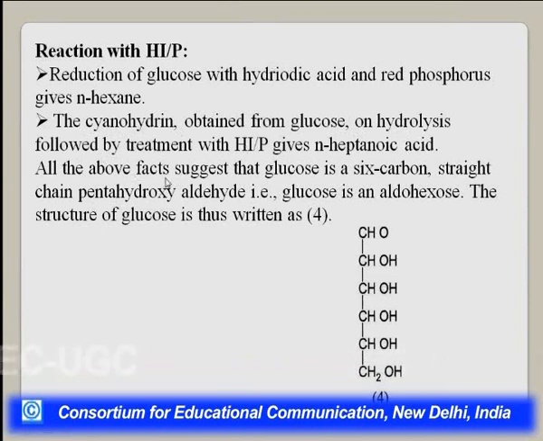All the above facts suggest that glucose is a 6-carbon atom, straight chain pentahydroxyaldehyde, that is, glucose is an aldohexose. And you can see the structure, we can write it like this, the open straight chain structure of glucose.